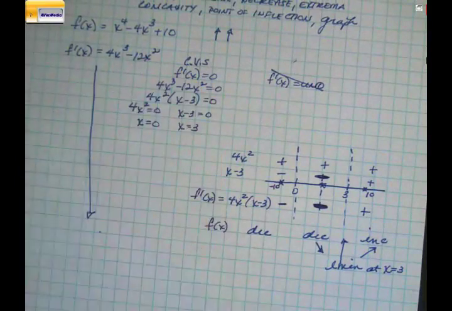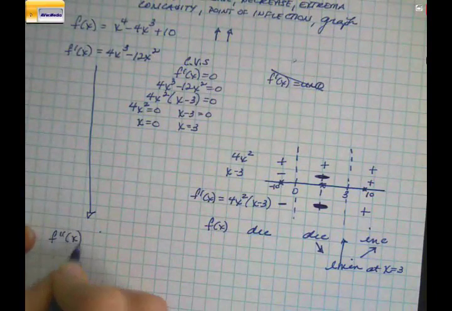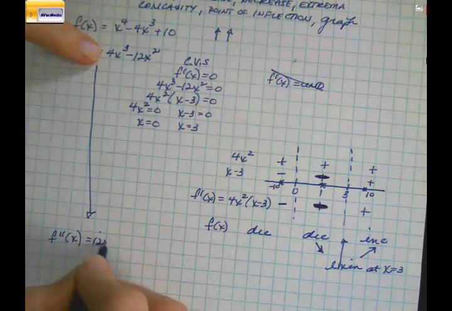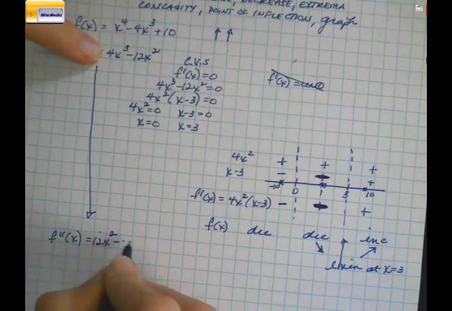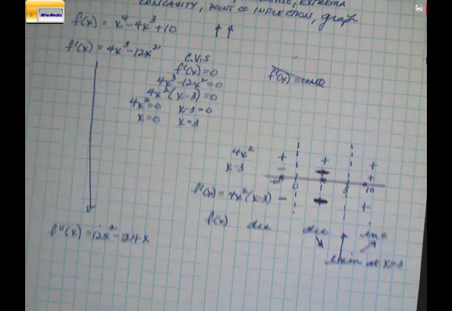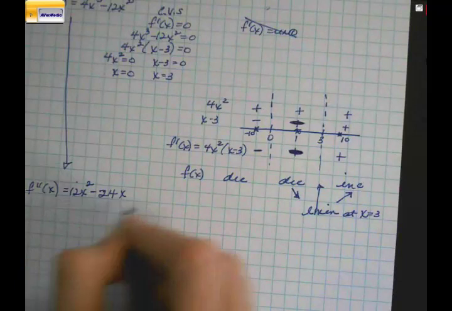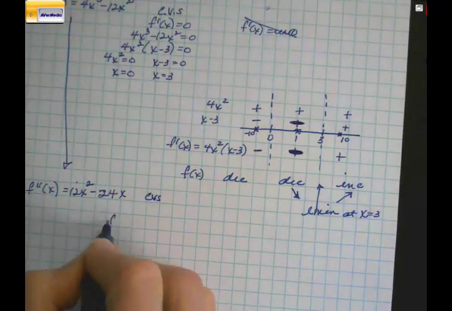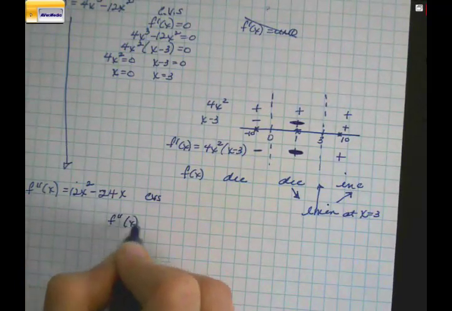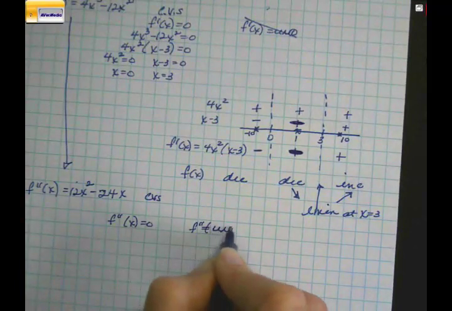Let's go down here. Let's take a look at the second derivative now. Let's look at concavity. Okay, the second derivative is going to be 12x squared minus 24x, right? Now the critical values of my second derivative occur when my second derivative equals 0 or when my second derivative fails to exist.